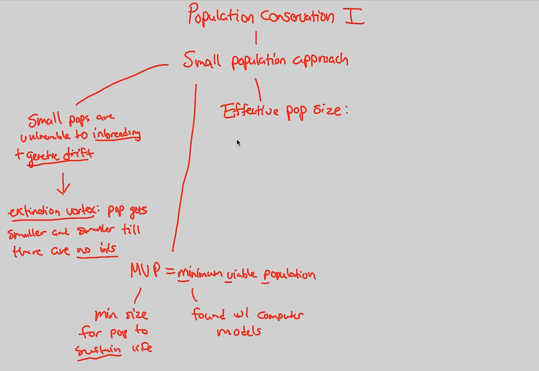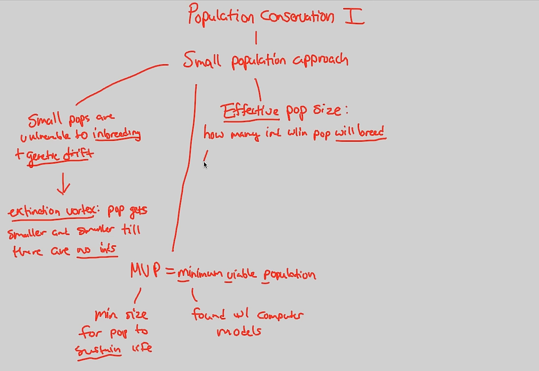Here, we're going to be looking at how many individuals within a population will breed. That's all we care about. That's our key. That's the population size we care about. That's why we call it an effective population size and not just the population size.